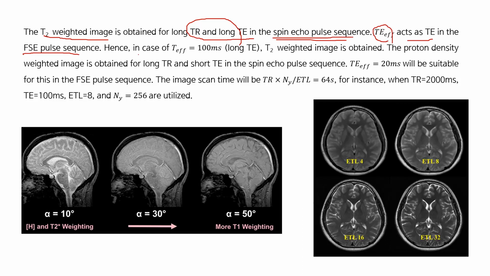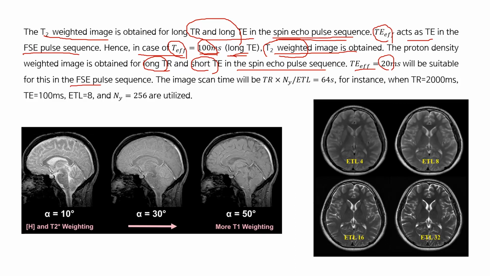Hence, in the case of effective TE 100 milliseconds, long TE, we have a T2 weighted image. The proton density weighted image is obtained for long TR and short TE in the spin echo pulse sequence. So an effective TE of 20 milliseconds will be suitable for this in the FSE sequence.